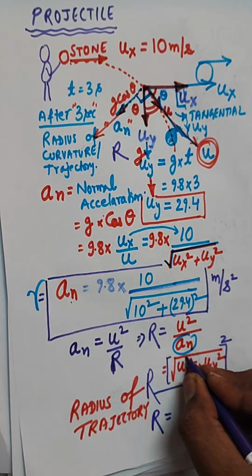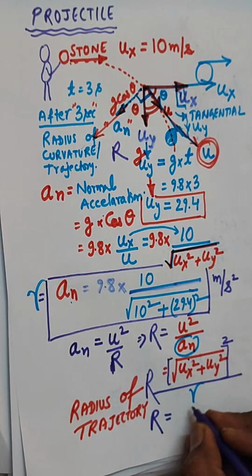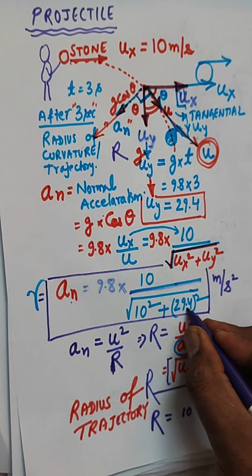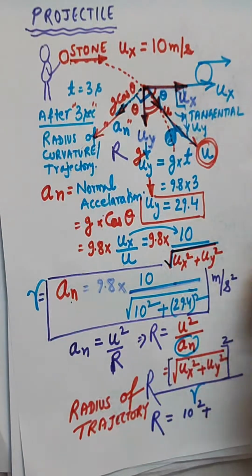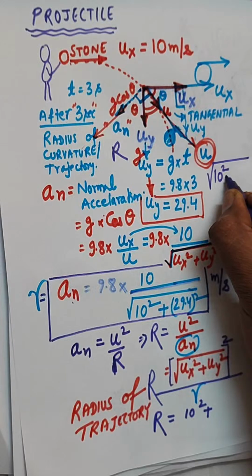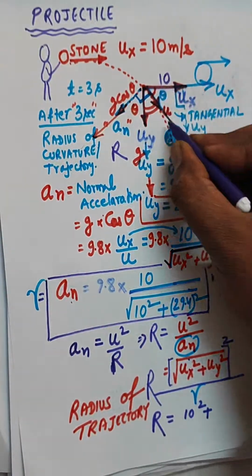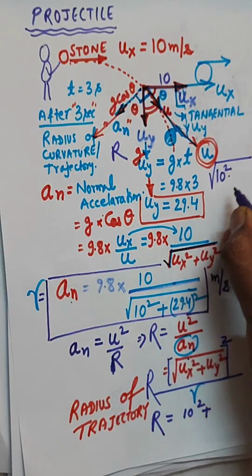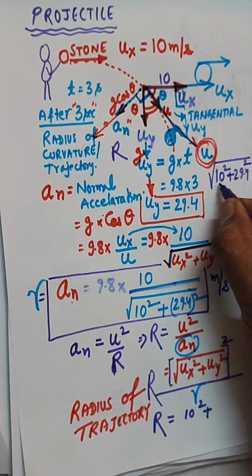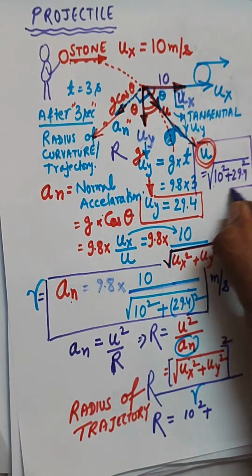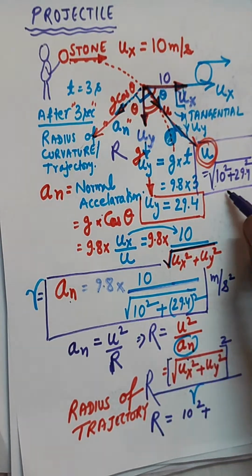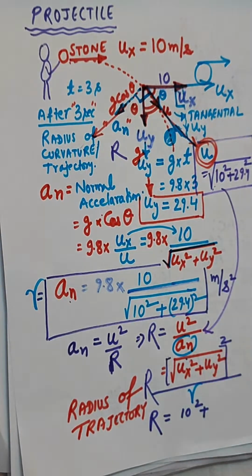root over, this root will be eliminated with this square, ux square plus uy square, that means 10 square plus uy is 29.4, as we did over here. This is the same thing which we are putting over here in place of u in the numerator.